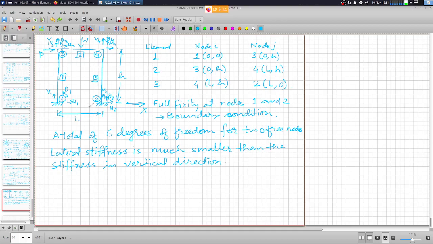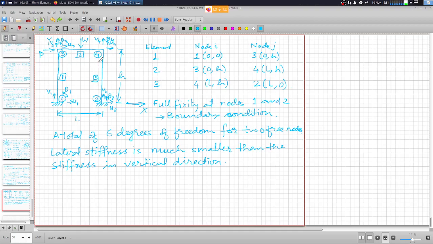In the vertical direction, you have all these columns and they are perfectly anchored at the base, and axial rigidity is very high compared to the flexural rigidity.